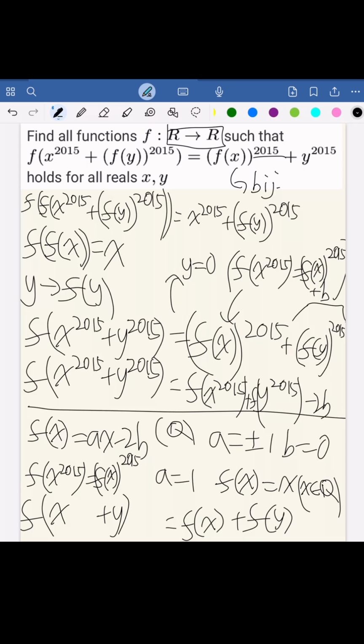So now what do we do? Well, we have 1, 2, and 3, I guess. 3 equations.